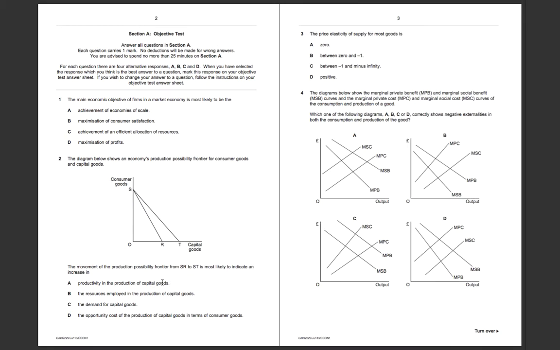So therefore, the resources that are used to make capital goods have become more efficient. So therefore, A, productivity in the production of capital goods, is the correct answer.